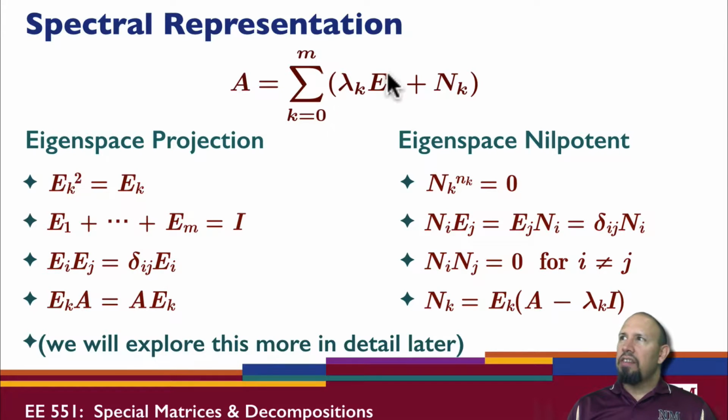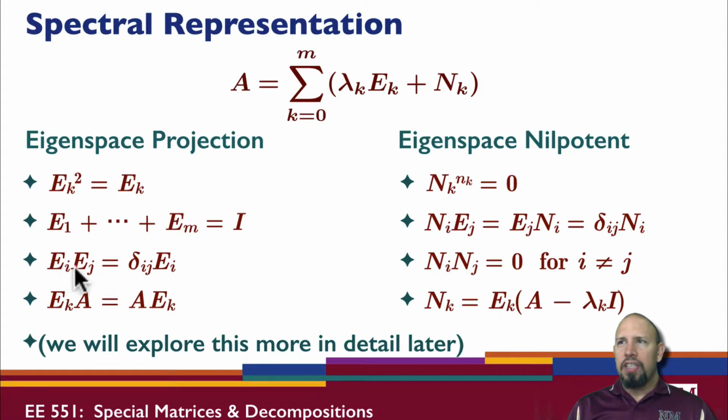This set of eigenspace projections have certain relationships with each other. In particular, the sum of those projections adds up to the identity matrix. If I multiply two projection matrices together, I get delta ij, which means I get either 0 or 1. This quantity is 1 if i equals j, and 0 otherwise.